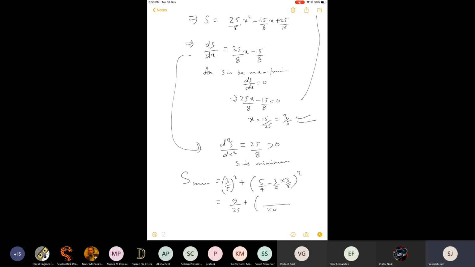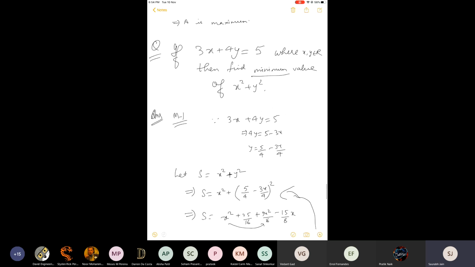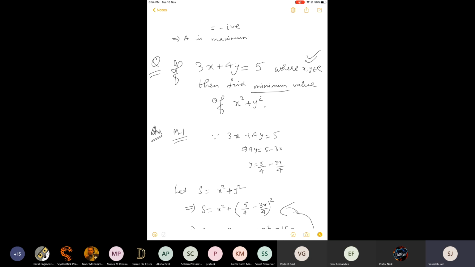Then in this part the LCM will be 20, so 25 minus 9, giving 9 by 25 plus 16 by 20. 16 by 20 is 4 by 5. So ultimately 1 will be coming: 16 by 25 plus 9 by 25. 1 is the answer. So the minimum value of this expression x square plus y square is 1, subject to the condition that x and y are real numbers and they satisfy this equation.